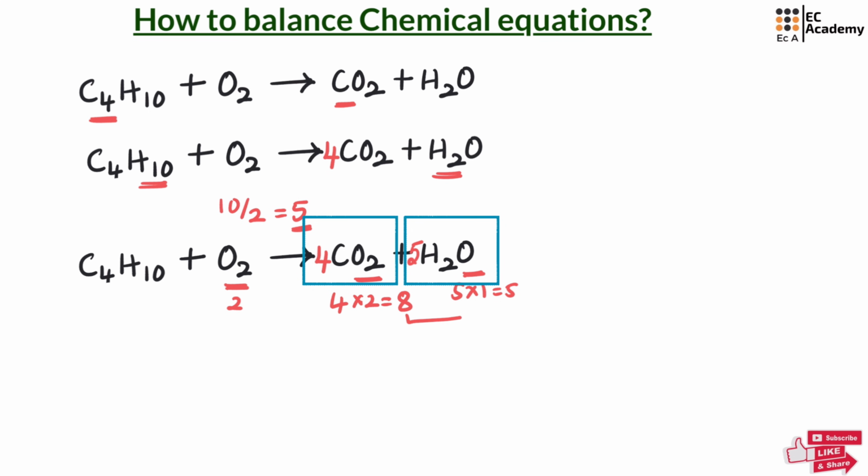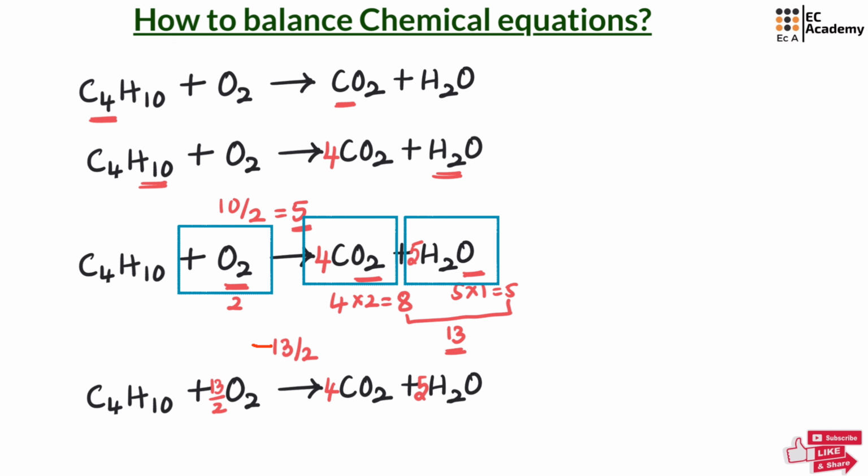Total oxygen atoms will be 8 plus 5, that is equal to 13 oxygen atoms. On the left side of the chemical equation, each oxygen molecule contains 2 oxygen atoms. To find the number of oxygen molecules needed, divide 13 by 2. So we can write C4H10 plus 13 by 2 O2 will produce 4CO2 plus 5H2O.